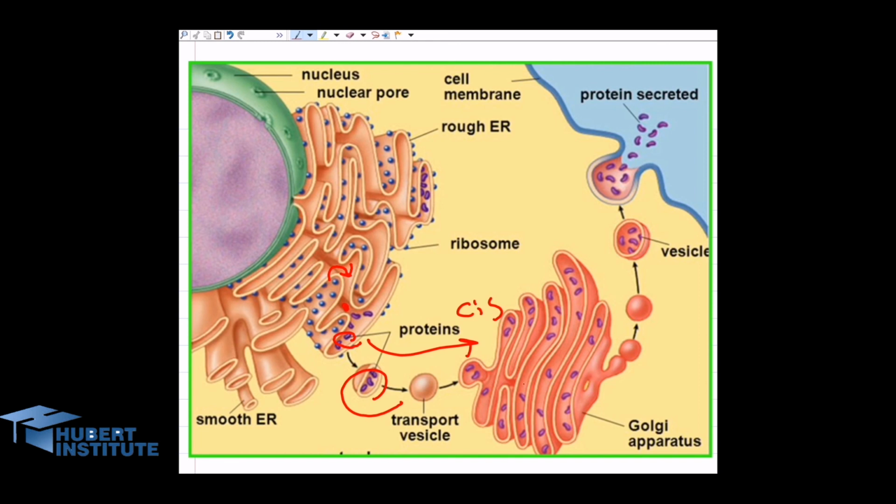The Golgi may further modify them, adding some addressing tags to indicate where eventually they should go, and finally the fully matured proteins, which are enclosed in vesicles, bud off from the trans face of the Golgi apparatus and are transported to their final destination, the extracellular environment in this case.